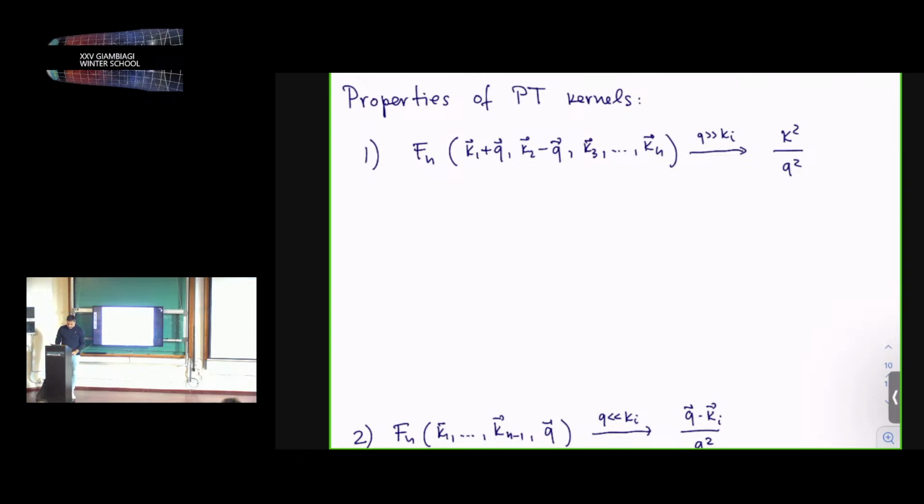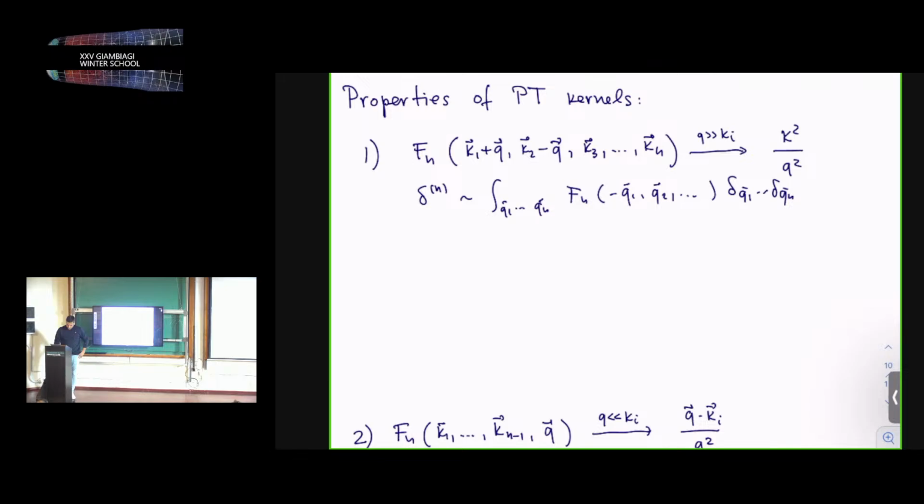So remember that the generic solution, delta nth order in perturbation theory, was some complicated convolution of this Fn. And so, for example, if you have here some momenta which are opposite, Q1 and Q2, and so on, and so a bunch of deltas.